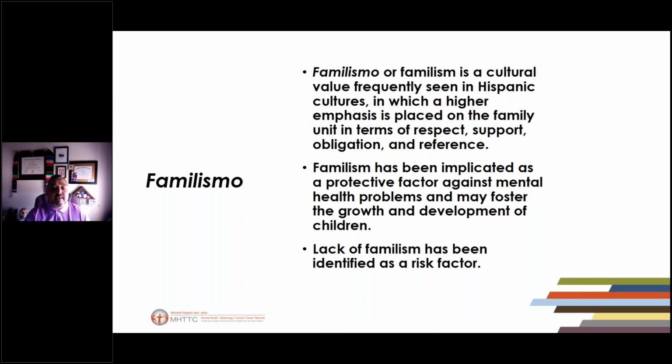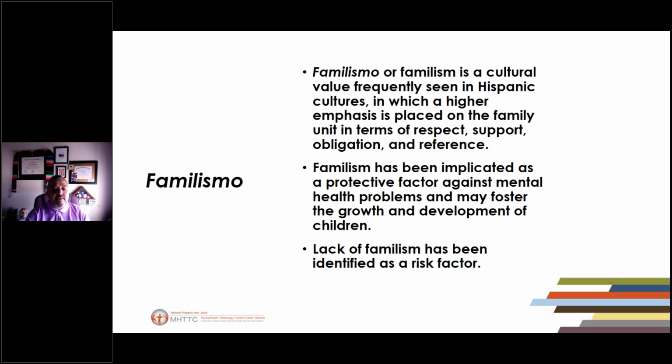Definitely has been implicated as a protective factor when we talk about familismo for families, where they may have extended family, they may have immediate family, and those are things that we have to consider in terms of the extended family as well, that may impact and support young Latinx populations as well as families, and we'll talk more about that as we get down the road here this morning.